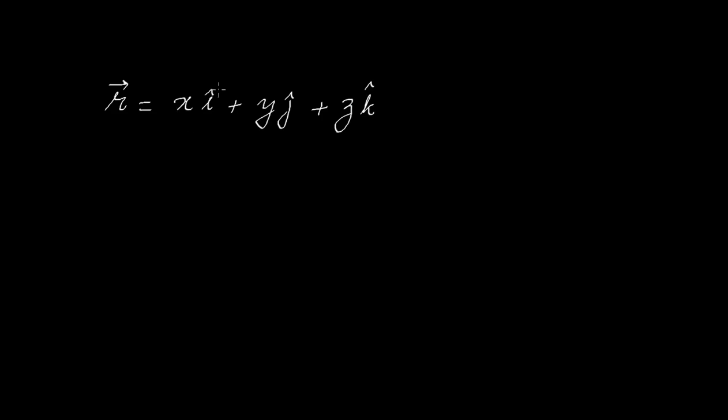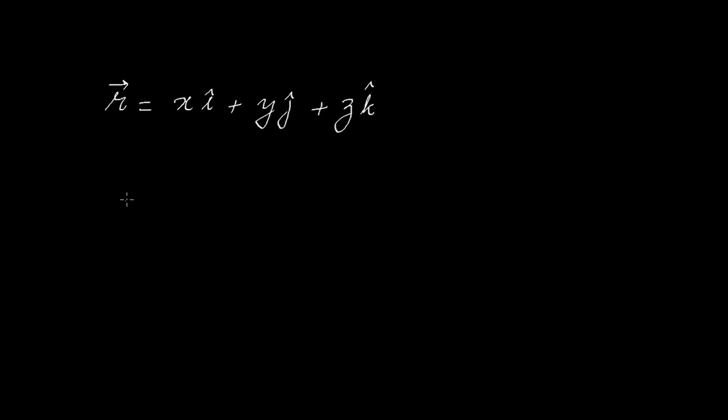You see? This is called the x component of the vector r bar. This is the y component, and that is the z component. How do we know? Because of the direction: this is in the positive x direction, this is in the positive y direction, that is in the positive z direction.